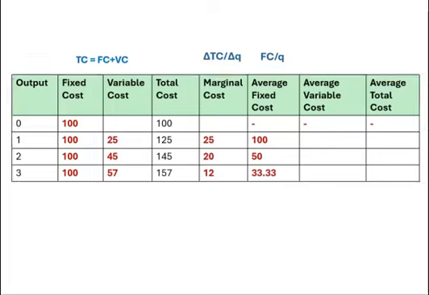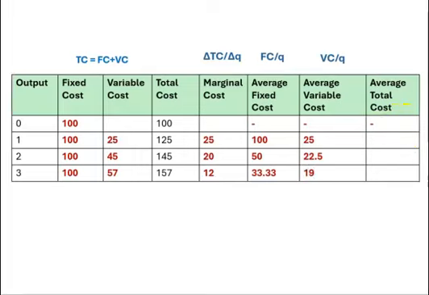Average variable cost, the equation is variable cost divided by output. And our variable cost is 25 divided by 1. That becomes 25. 45 divided by 2, it's 22.5. 57 divided by 3, it's 19.